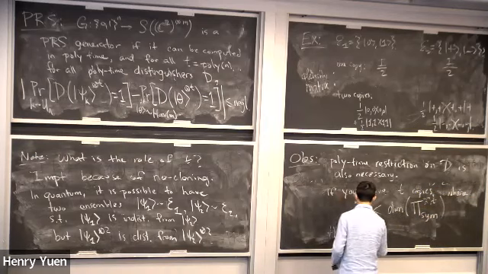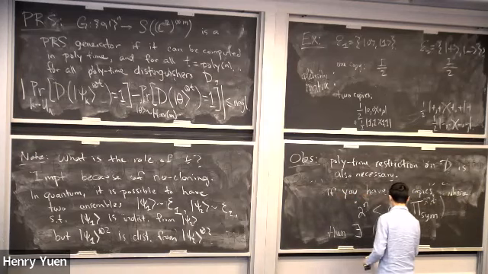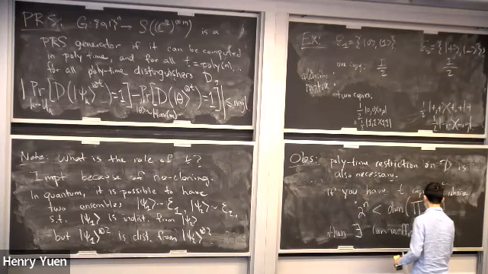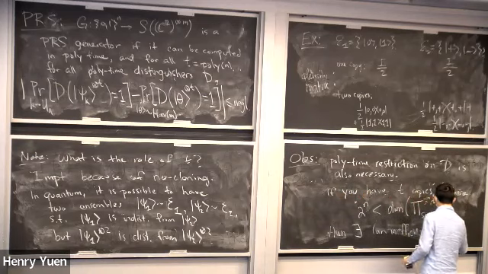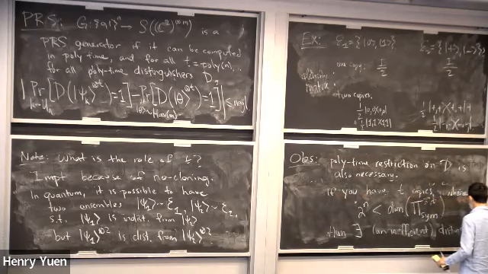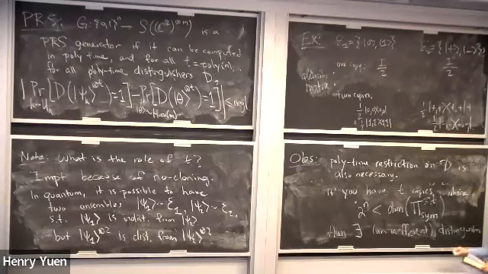Then there exists an inefficient distinguisher. All right, so again, we need some sort of computational restrictions on who's doing the distinguishing.